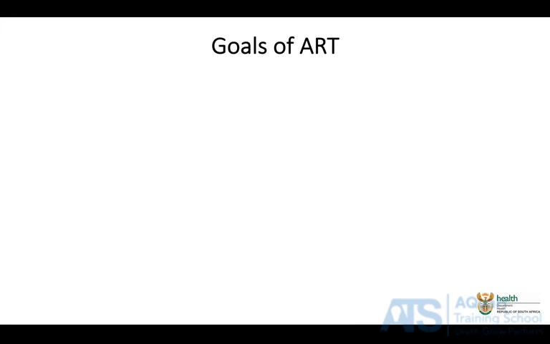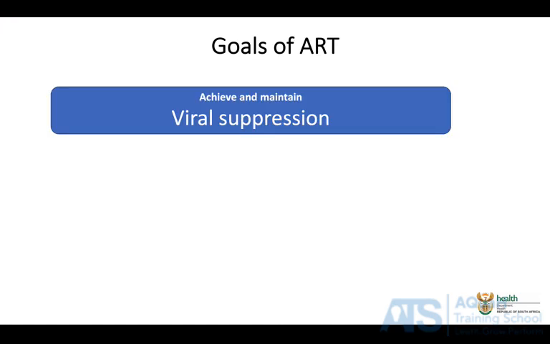When we start ARVs, there are goals which we want to achieve. The idea is not just to issue ARVs to all patients without any aims. The primary aim is to ensure that every single patient who is initiated on ARVs reaches a state where they are virologically suppressed, right?